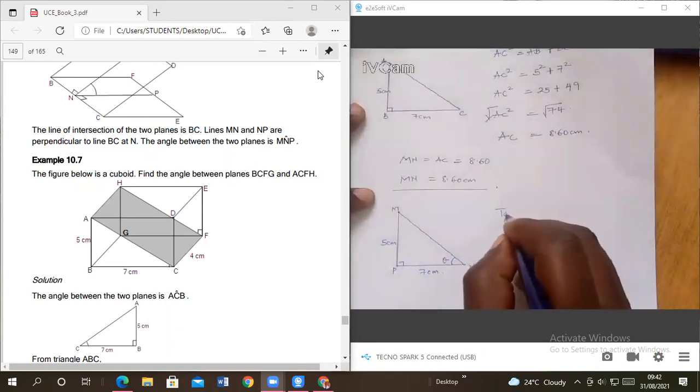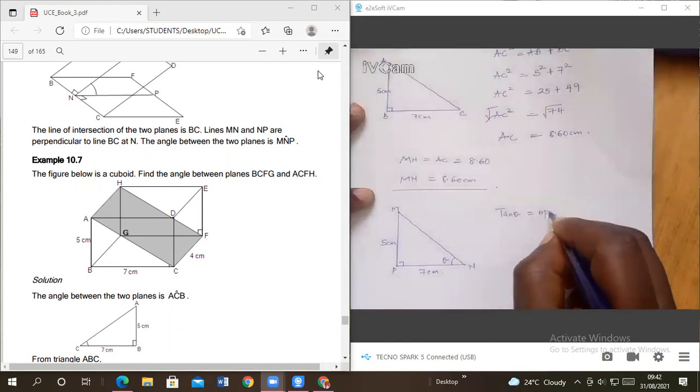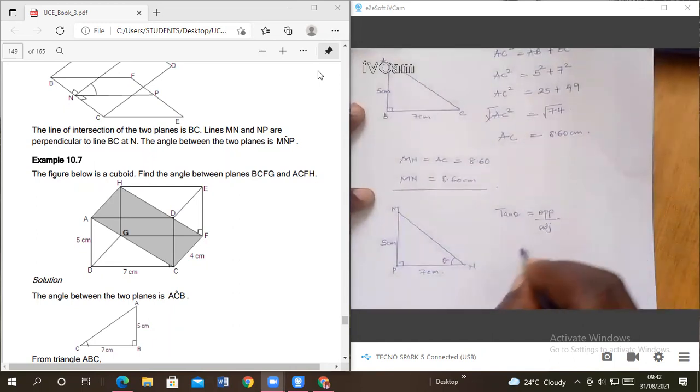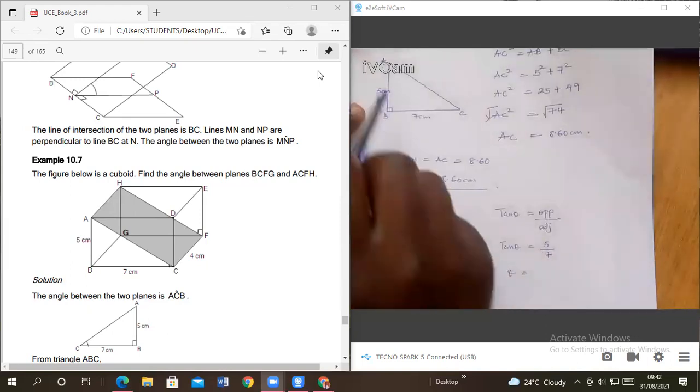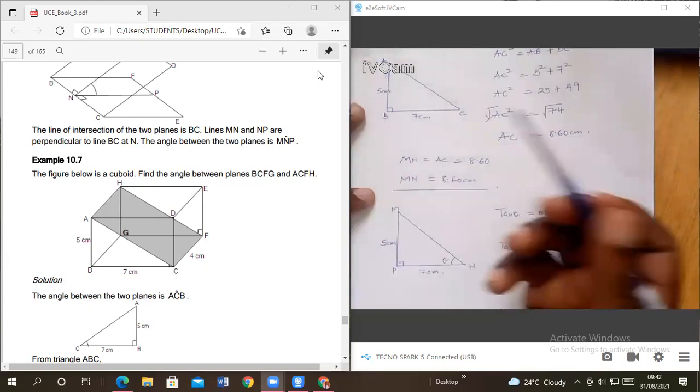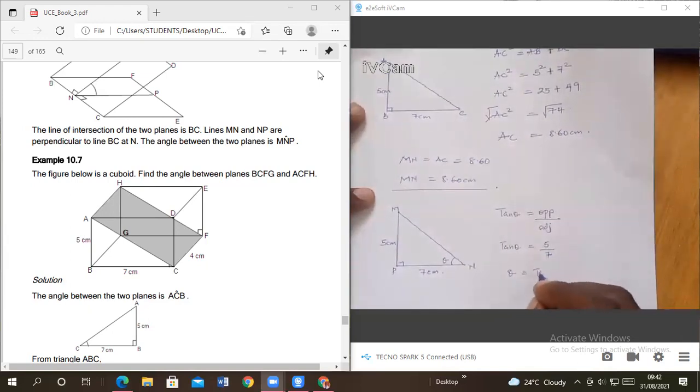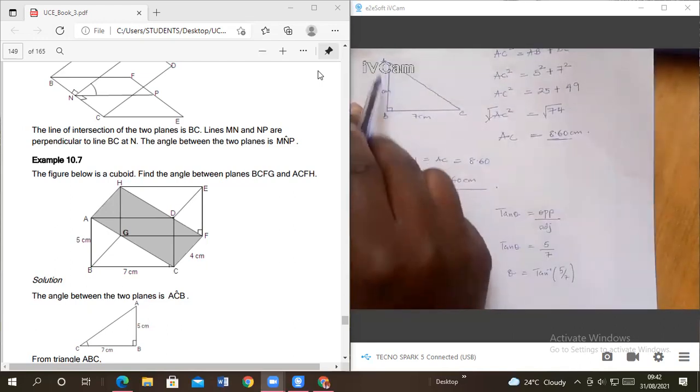So we shall say tan theta equals the opposite over the adjacent. So tan theta equals 5 divided by 7. So theta equals, okay, I think there was no need even of finding SC because AB was given. So theta equals tan inverse. Have you discovered that, members? Have you discovered that there was no need of finding this SC because AB, we knew it was 5.